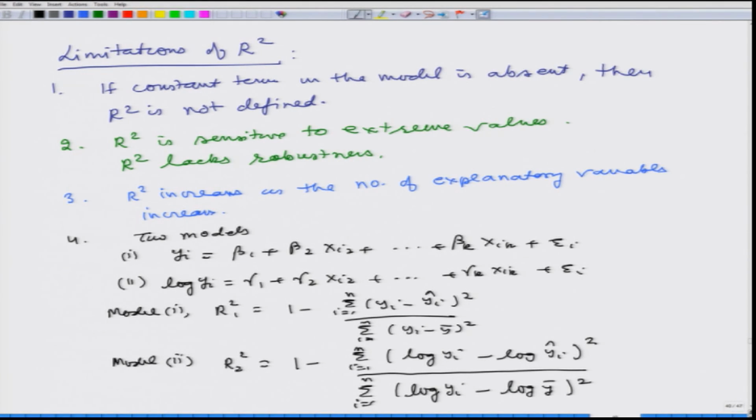But anyway, that is not my objective here to discuss. It is clear from the values of R1 square and R2 square that these two values are not comparable.